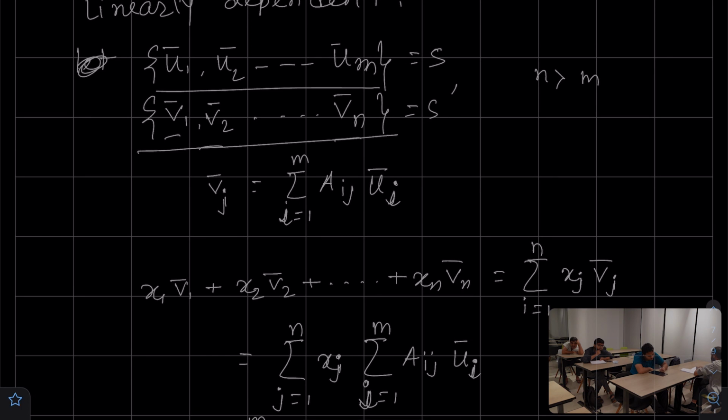That means this set S prime I started with is a linearly dependent set, right?